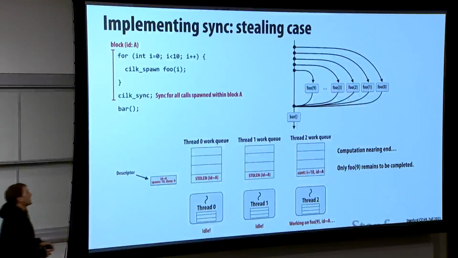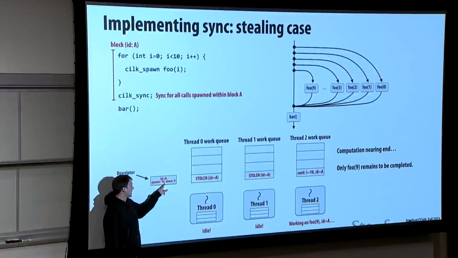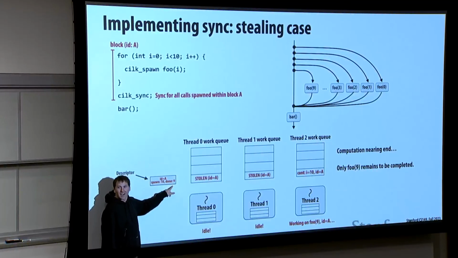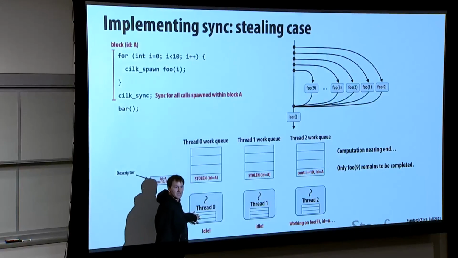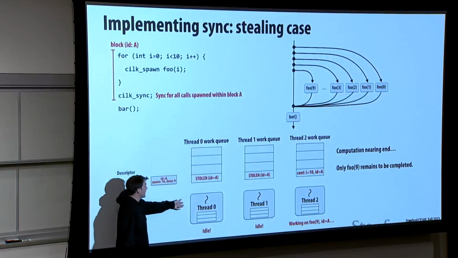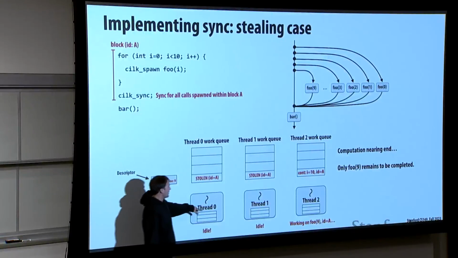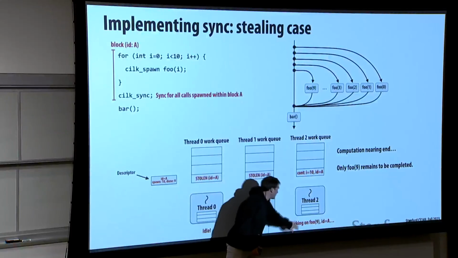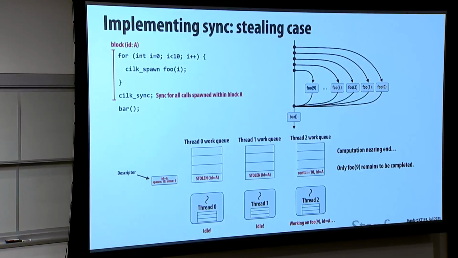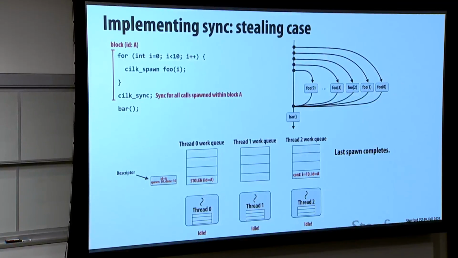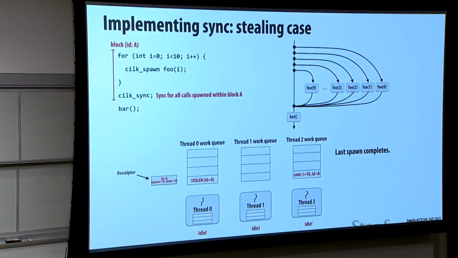And now let's get to the very end of that for loop. When we're on spawn 10, we're done with 9 of these things. These threads have no work to do. Thread 2 seems to be doing the last iteration of the for loop. When it gets done, it says, oh, that spawn is complete, or that block is complete.